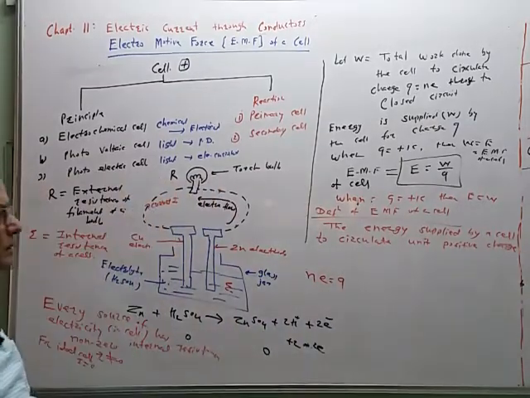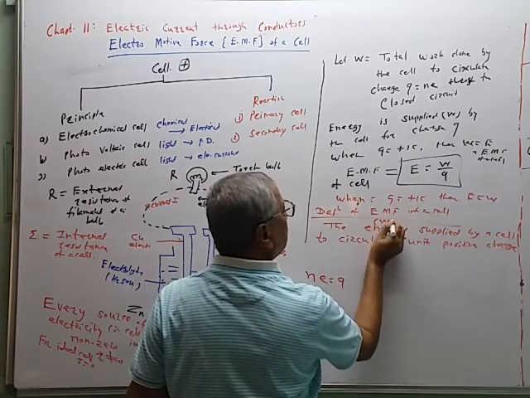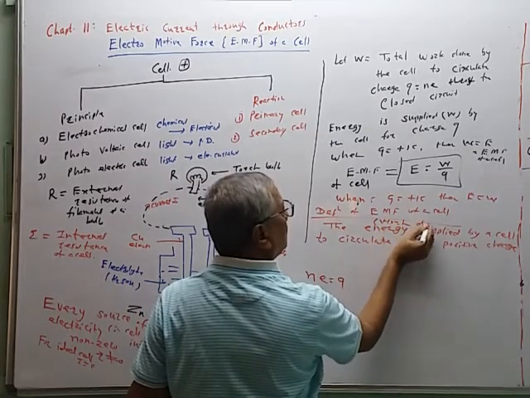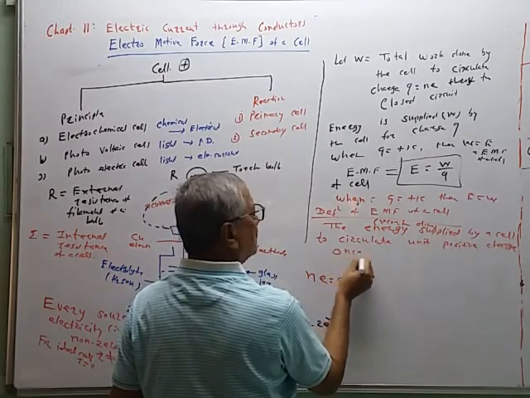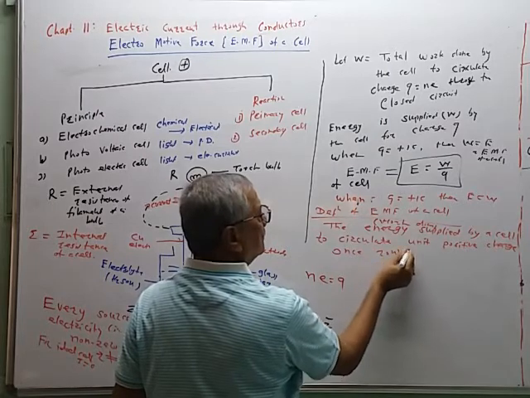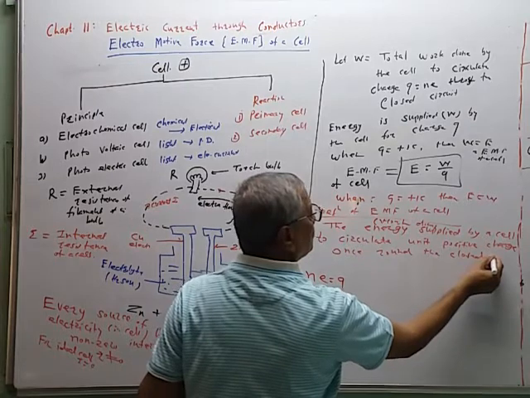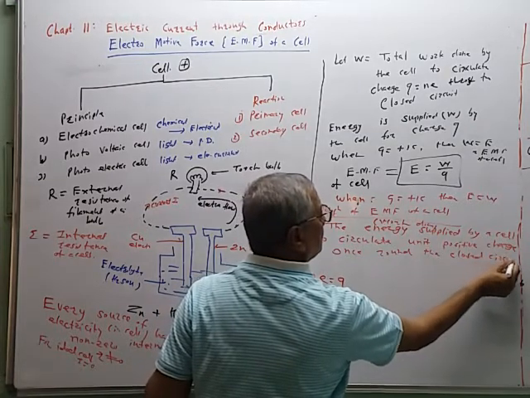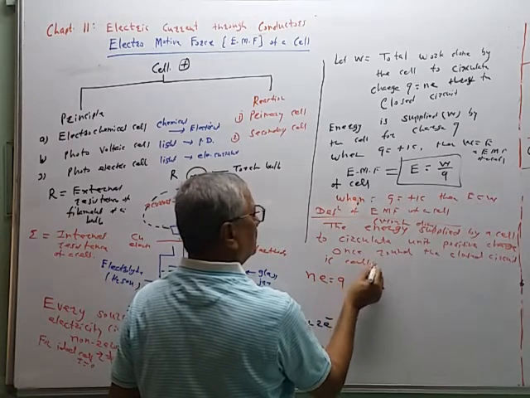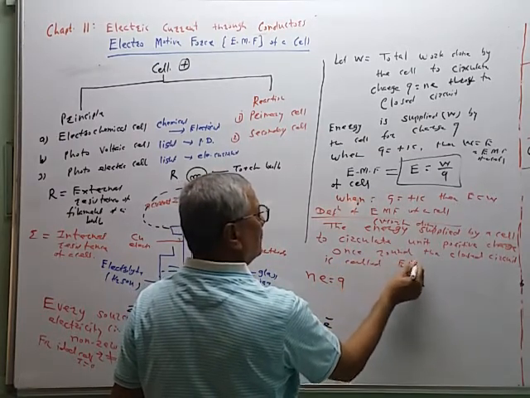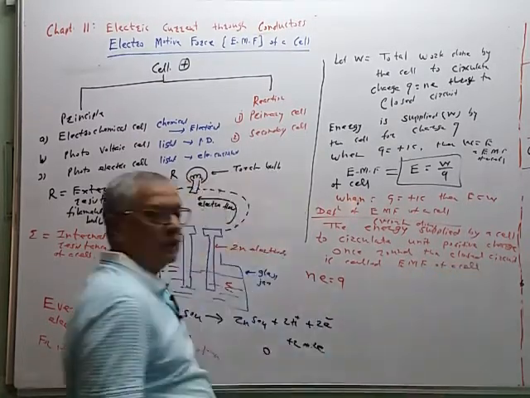The energy supplied by the cell, or work done by the cell, to circulate unit positive charge once around the closed circuit is called the EMF of a cell. The circuit must be closed.